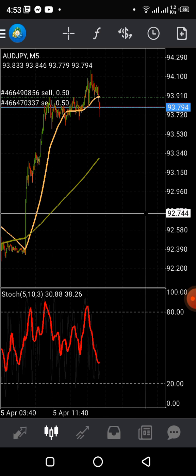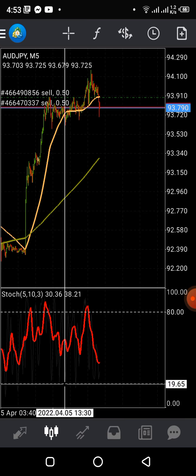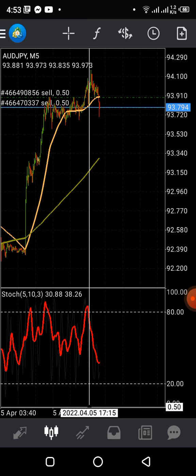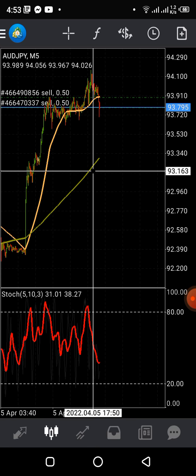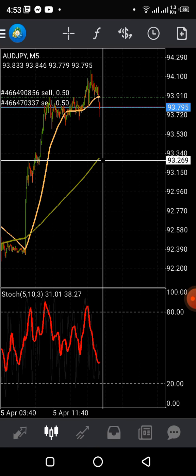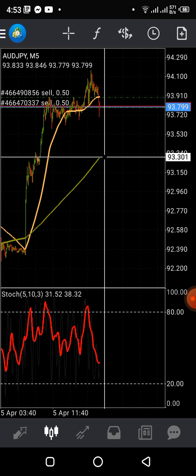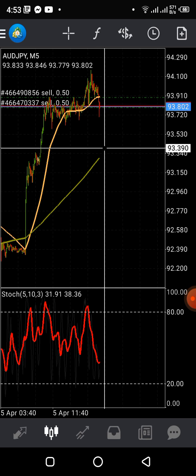Selling down here is going to get into the 20% stochastic, and at that time we will have this selling coming into around 93.303. That's going to be a level of TP.